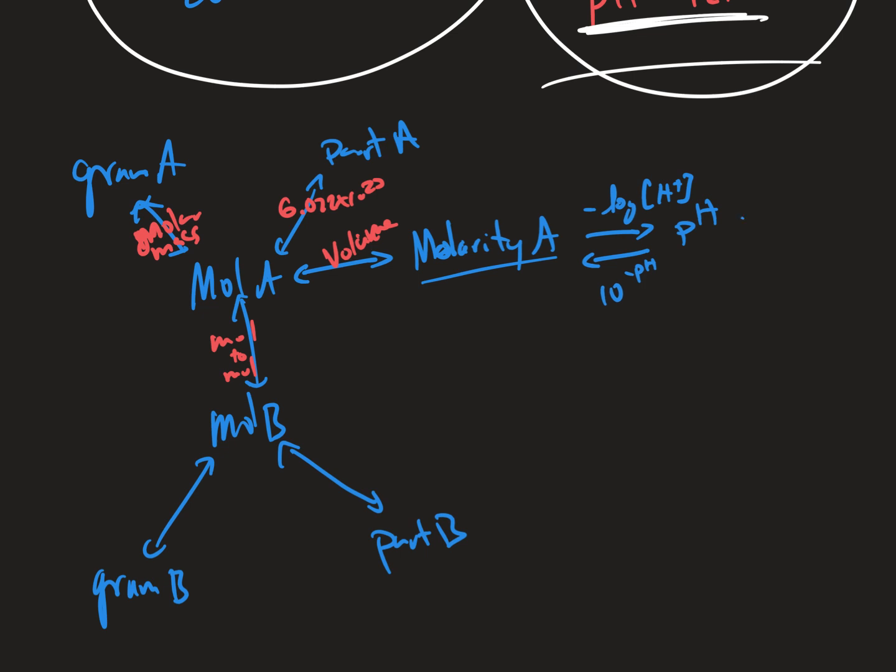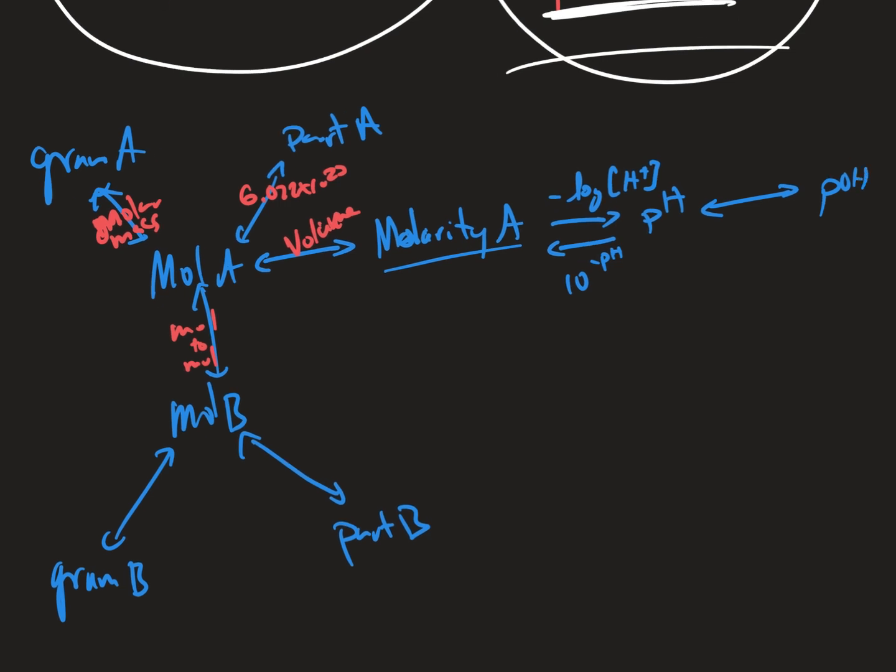And then from here, we can go to pOH using pH plus pOH equals 14. Then we could do the same thing with our base. Molarity of our base.